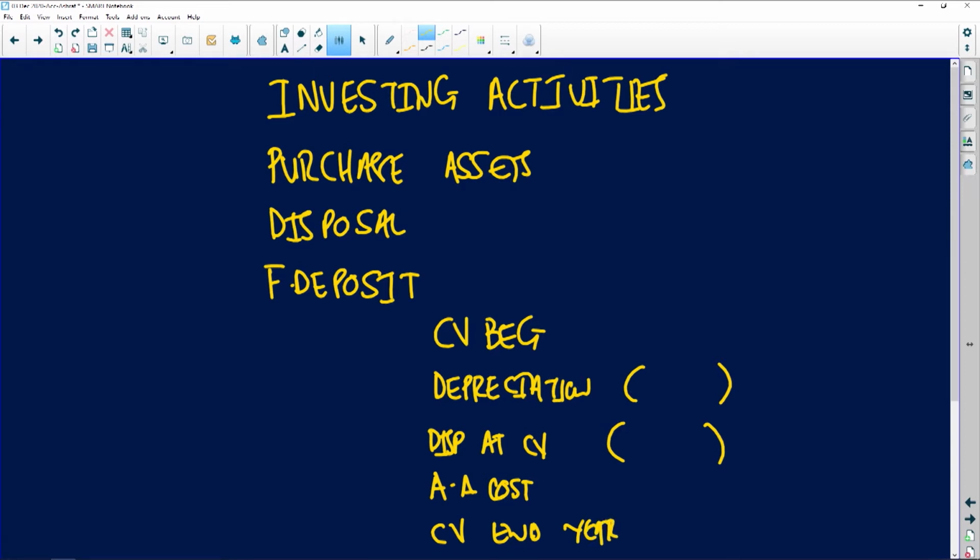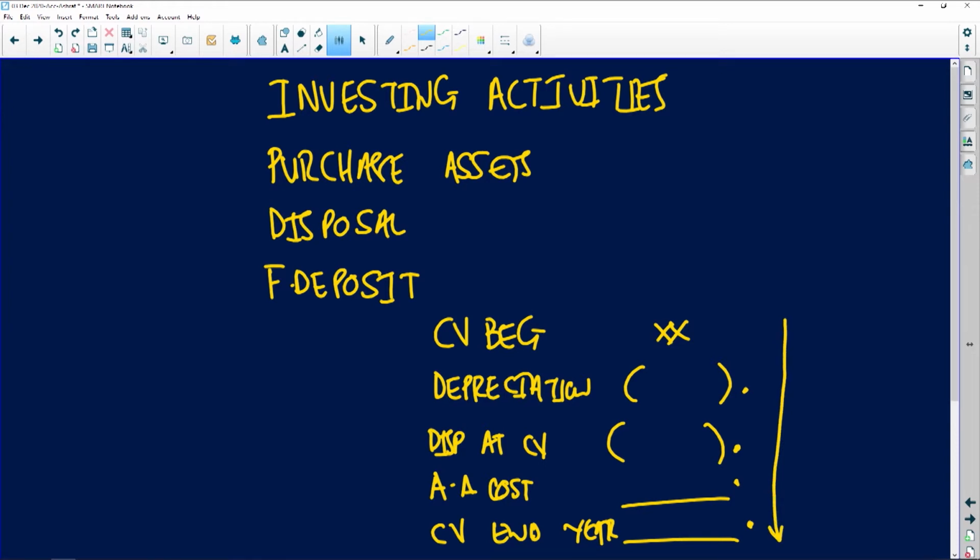Now, what is important here, guys, is depending on how you are working. Remember, it will be your carrying value at the beginning of the year. You'll subtract your depreciation. You'll subtract your disposals at carrying value. You'll add your additions at cost. And this will give you your carrying value at the end of the year. That's working from top to bottom.